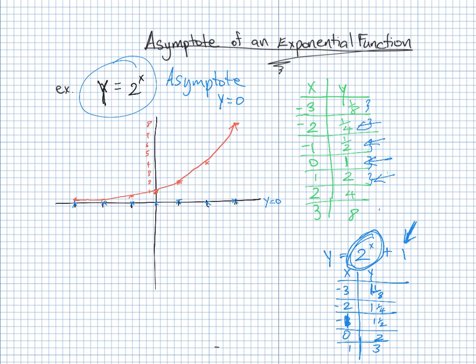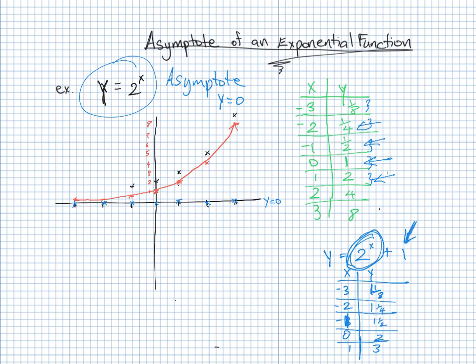It takes everything in the graph we just drew, and I'll do it in black this time, and it moves everything up 1. So that was at 8, now it will be at 9. That was at 4, now it will be at 5. That was at 2, now it will be at 3, so on and so forth.